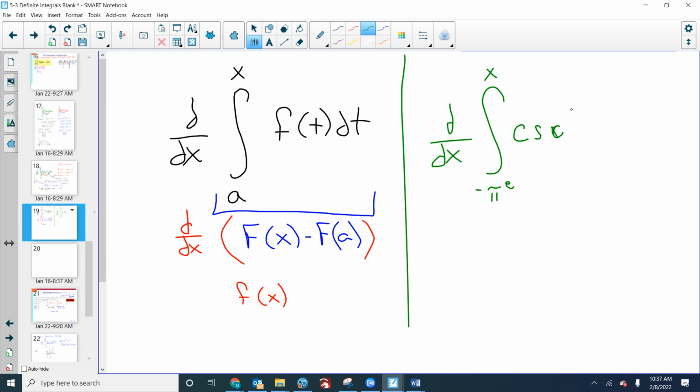So cosecant. Man, is this glitchy today? Fire the tabs. Actually, I restarted my Chrome today. It was sad, but it needed to be done.